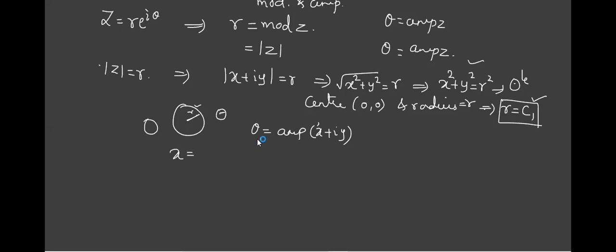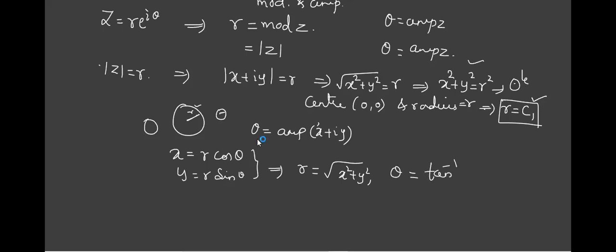You have x equal to r cos theta, y equal to r sin theta. From this we get r equal to root of x square plus y square and theta equal to? Please tell me. Tan inverse of y by x. Very good. This has to be remembered.